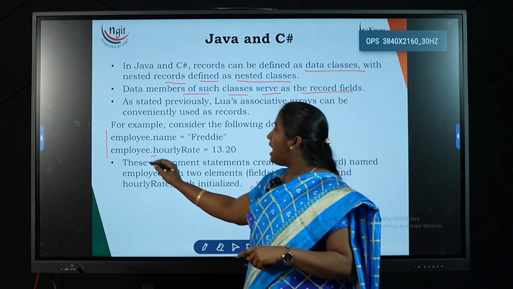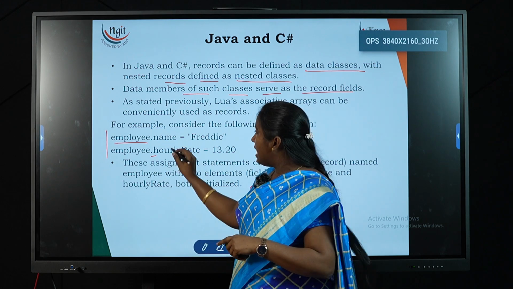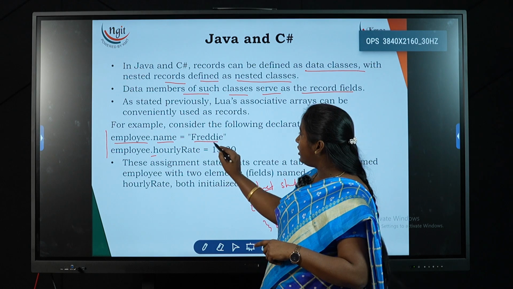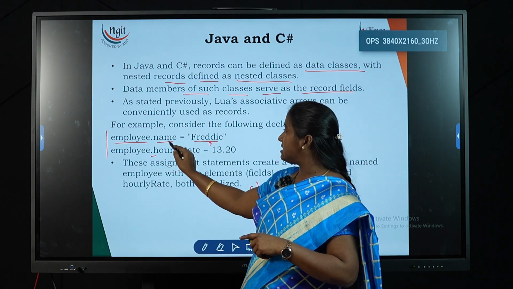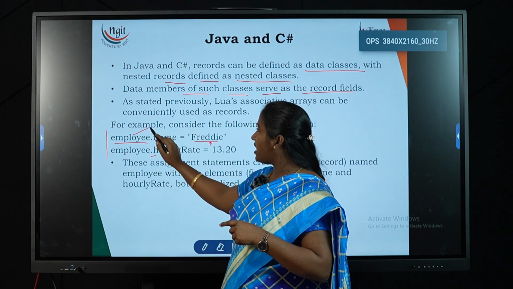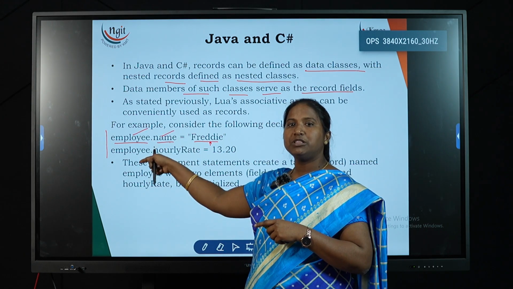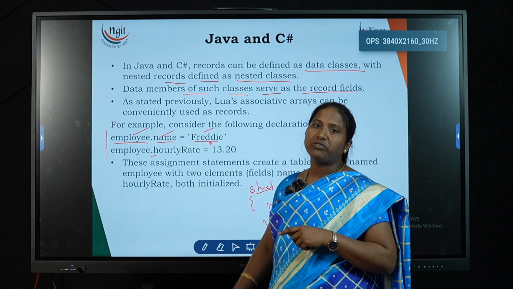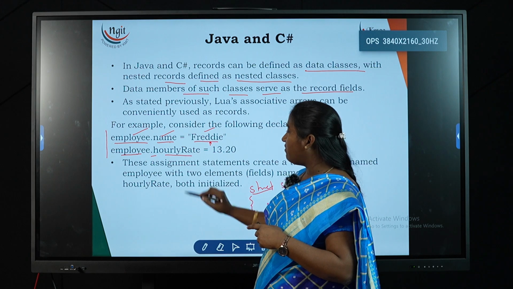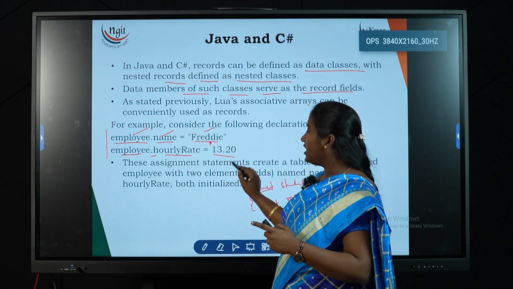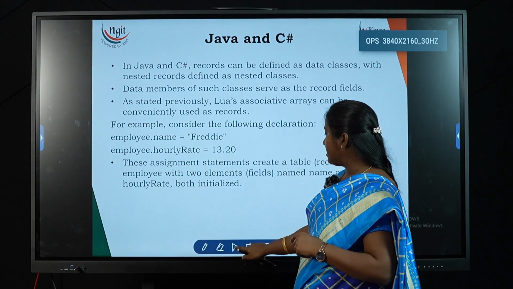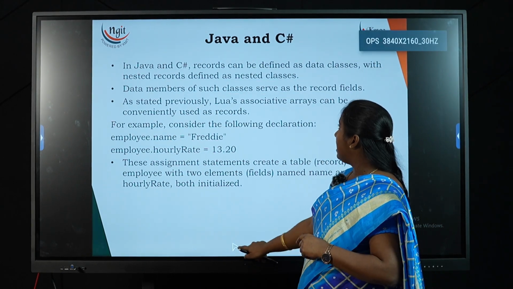The same way, employee is the record name, and then the field name, and this is the value. When you want to give a value, you cannot access this name through the index; you have to use the reference. Employee is the record name, this is the field name in the record, and this is the value of the field. And the same, employee is the record, hourly rate is the field name, and 13.20 is the value. This is the way records are supported in major programming languages.